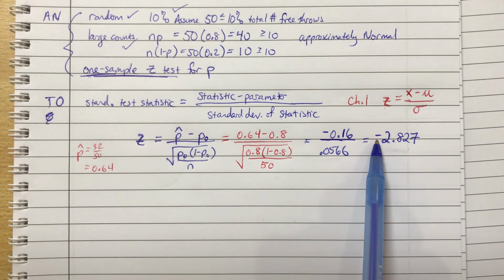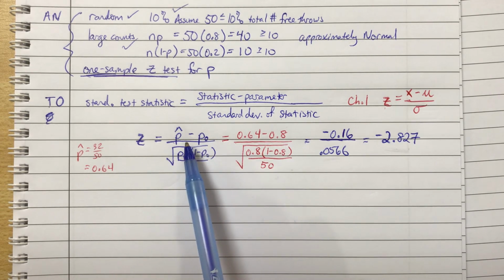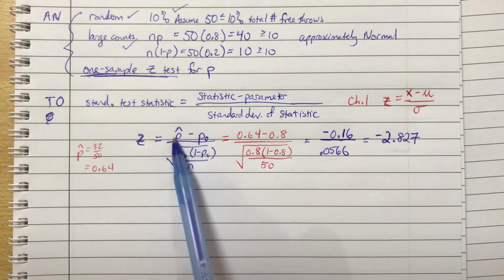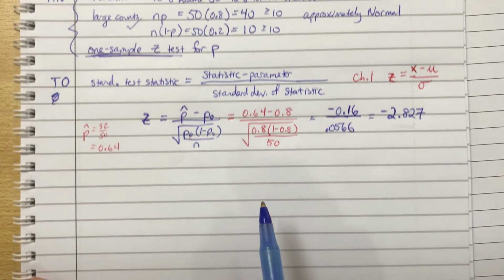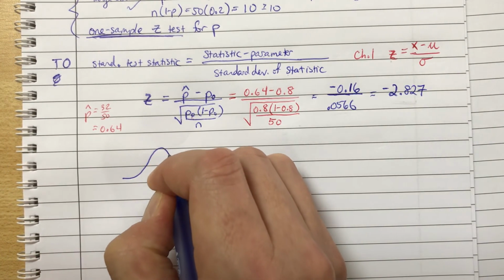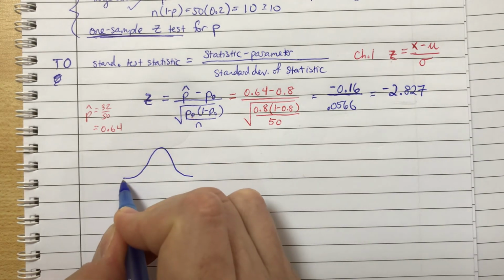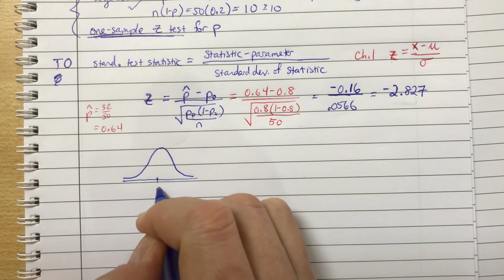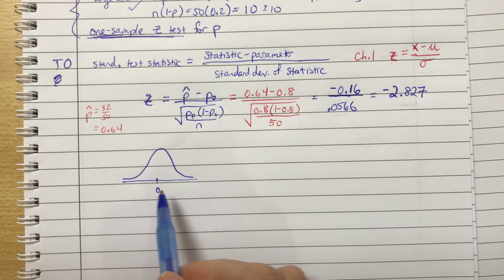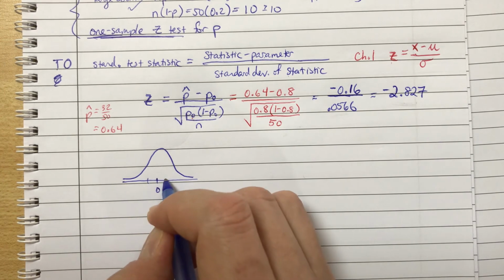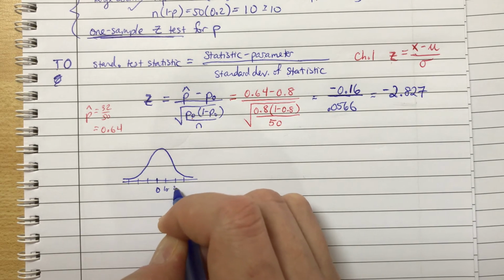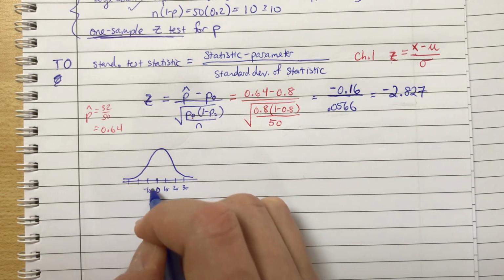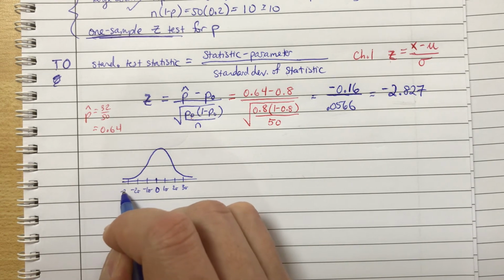Now, first of all, you notice this is negative. Well, that should make sense because if you think of this kind of like when we're doing a normal distribution, if this value is smaller than what we think the true proportion is, we will be to the left of that. If I draw a normal distribution curve here, I'm saying that the mean is 0, here are standard deviations: 1 standard deviation, positive 1, 2, and 3, minus 1 standard deviation to the left, minus 2, minus 3.